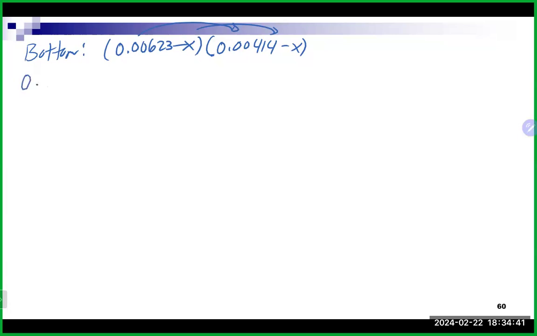So on the bottom there, we had (0.00623 minus x) times (0.00414 minus x). Once again, a little in and out action there, right? And if you do that, you will get for the bottom 0.000025792 minus 0.00623x minus 0.00414x plus an x squared. I could use a little scientific notation there, but oh well.